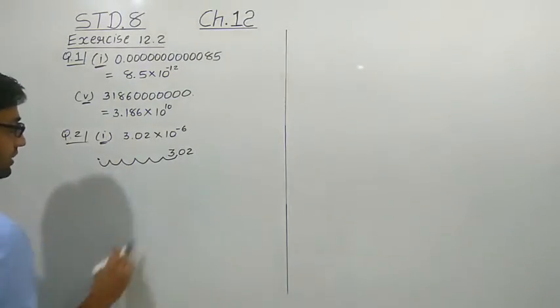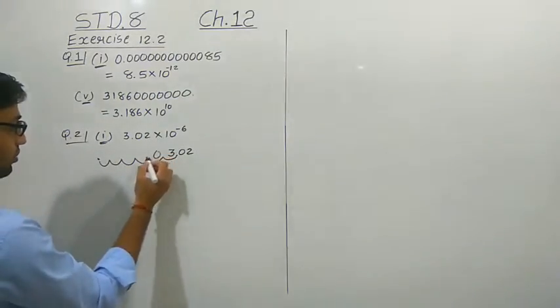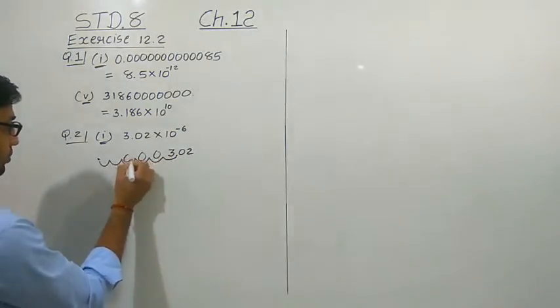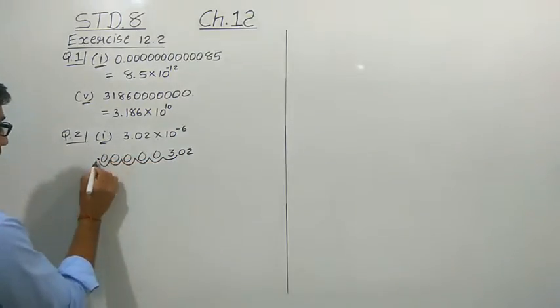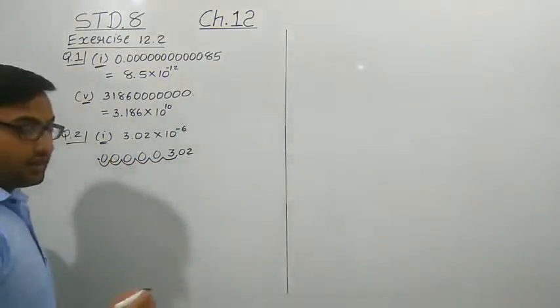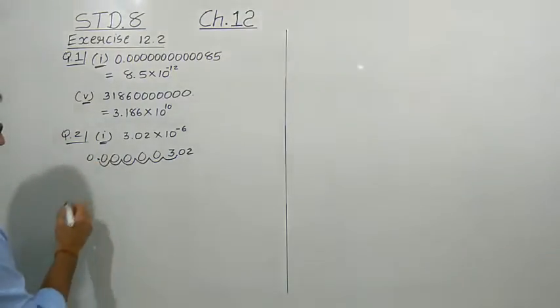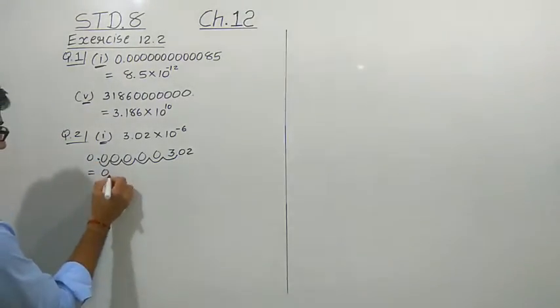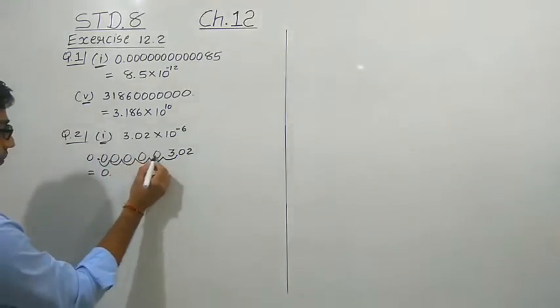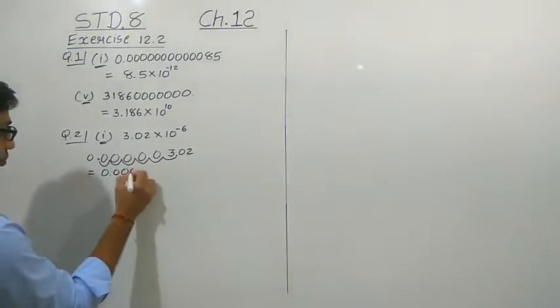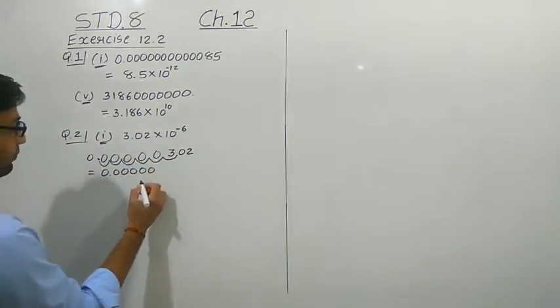So these are the blank spaces. We can put zeros here. And before the decimal point there is nothing, so we can also add one zero. So this number becomes like this: 0.00000302.